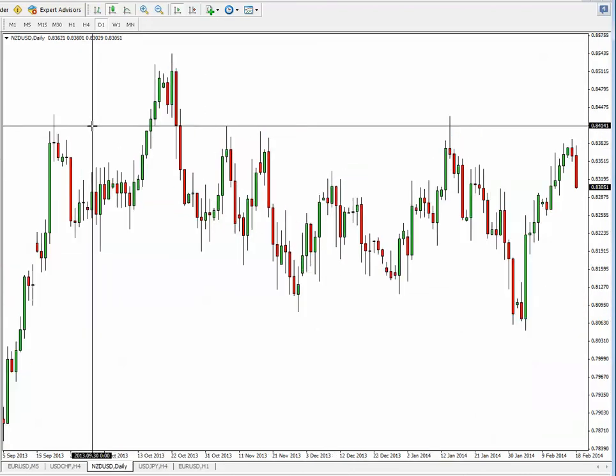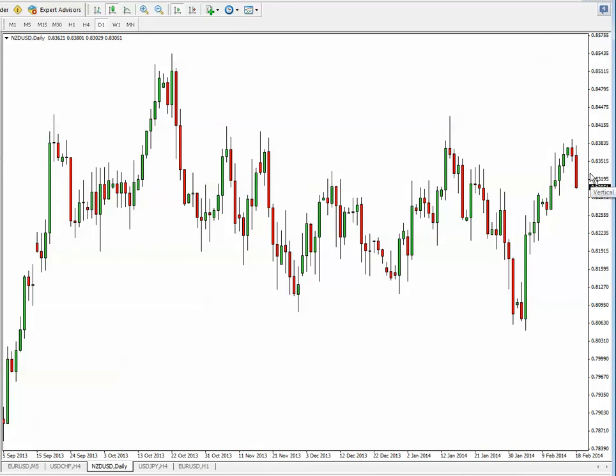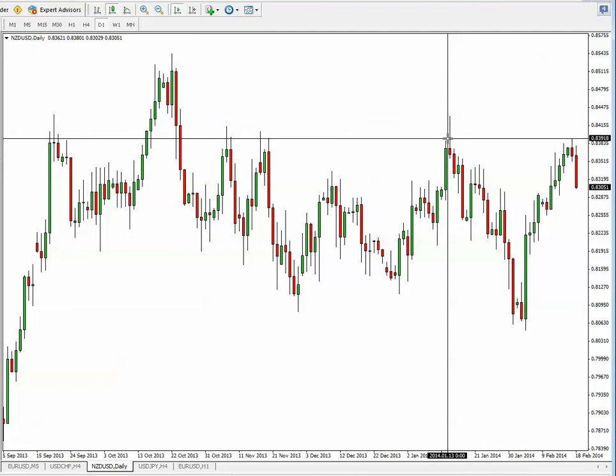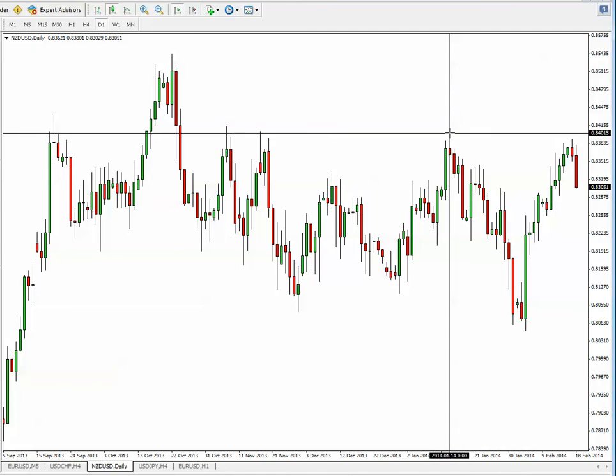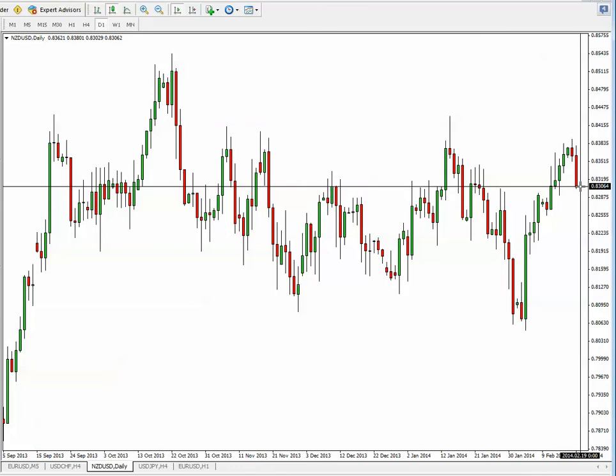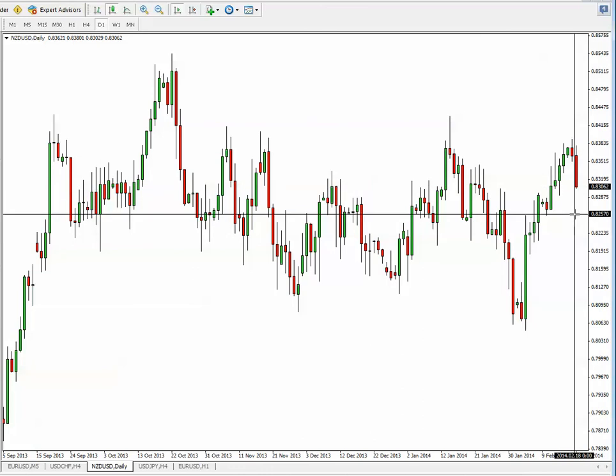Now let's take a look at New Zealand dollar, US dollar, still choppy and sideways as you can see from the daily chart, but due to this huge resistance that is at 8400 right in this whole number area, the price came back and it does have room to continue lower into the 8250 area. So it does have room for retracement.